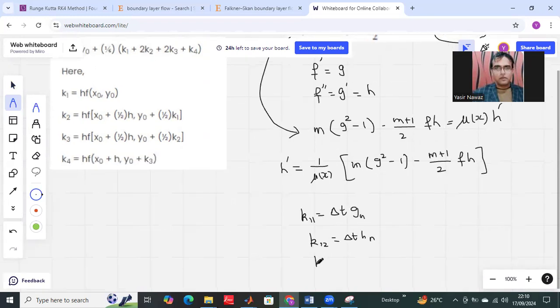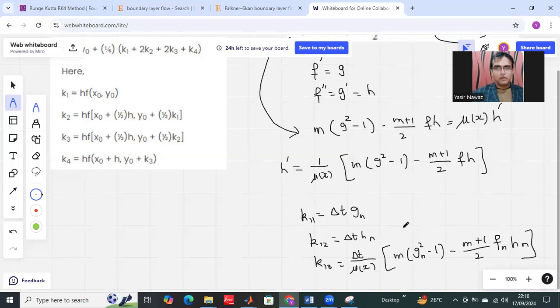And then K13. K13 would be first delta T, and then over mu of x, and then this m into Gn square minus 1 minus (m plus 1) over 2 Fn Hn, bracket close.